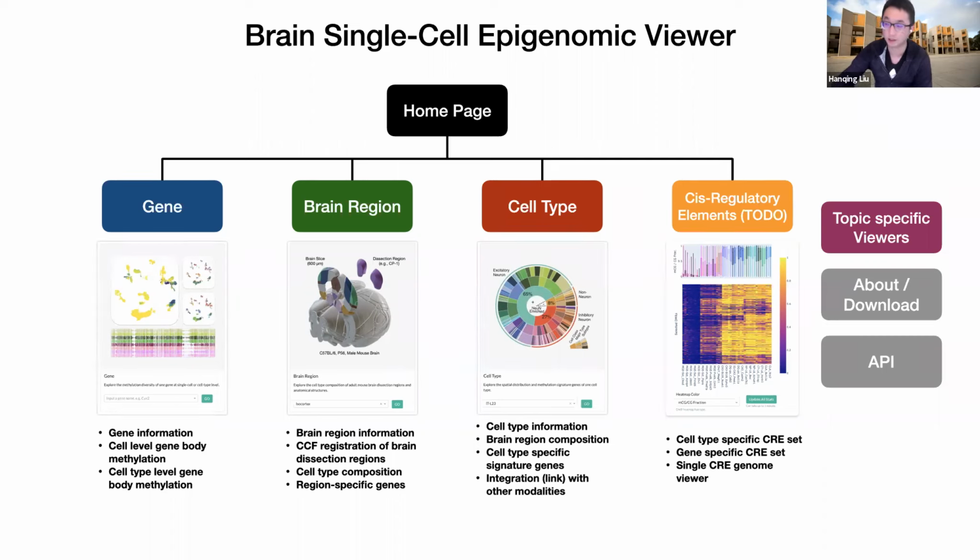Sorry, I don't have the slides, but we found one gene hypomethylated in 2 cell types, so it's a shared marker by these 2 cell types. But we do find that the DMRs around this gene are partly specific to one cell type and partly specific to the other. So this gives us an example that the same gene might be regulated by different regulatory elements in different cell types. That's one thing we discussed and could potentially be shown in this browser in the future.